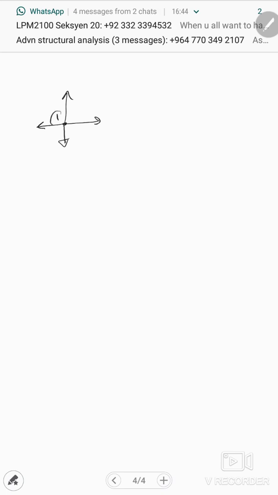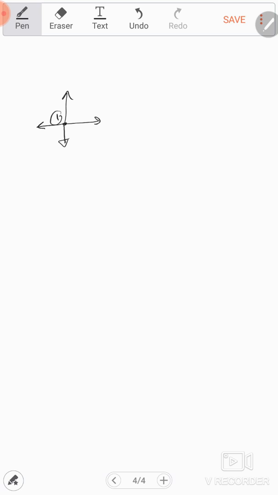So I will start with node number 1. I should take the nodes one by one. This is node number 1. Node number 1 connects with node number 4, so I call this one N14, and this one connects with node number 2, so I will call it N12.